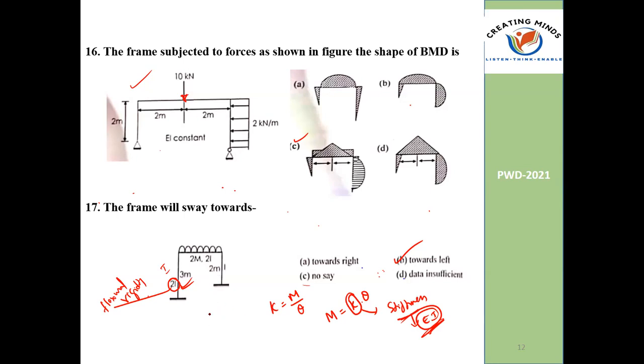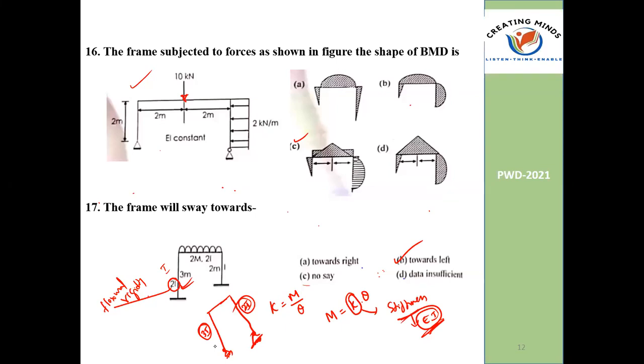If I give like this now, both are hinges, but here I will give 3I, here I will give 2I. Now the swing direction is the left side.